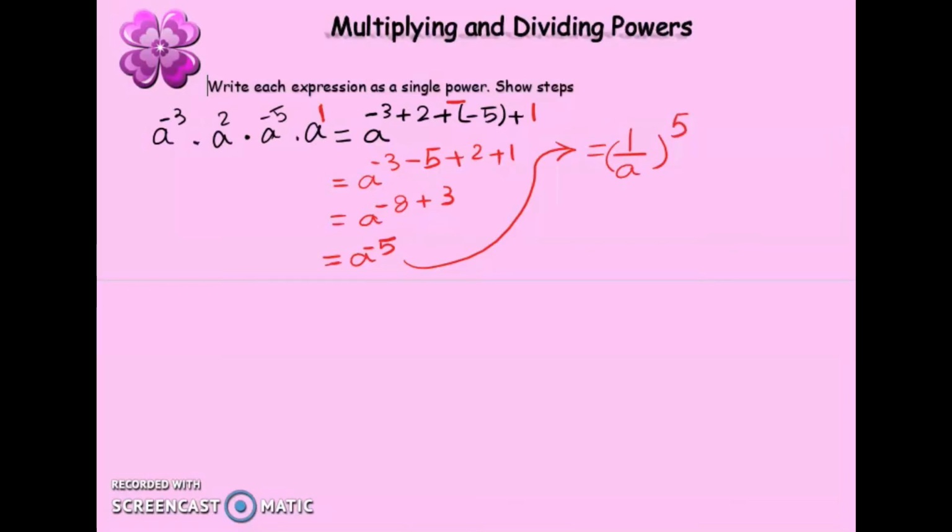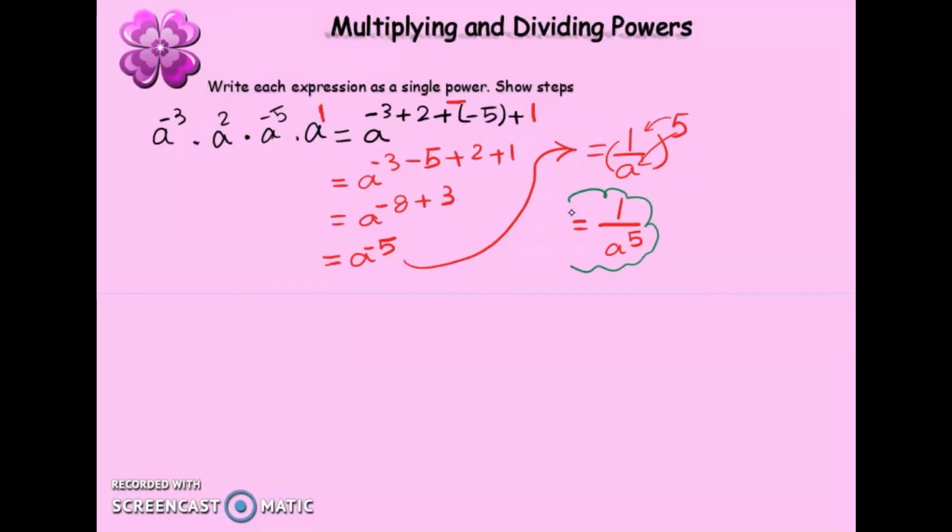That's enough, this is the final answer. But if you want, you can continue and say this exponent belongs to both numerator and denominator, so 1 to the 5 is 1, and a to the 5 would be a to the 5.